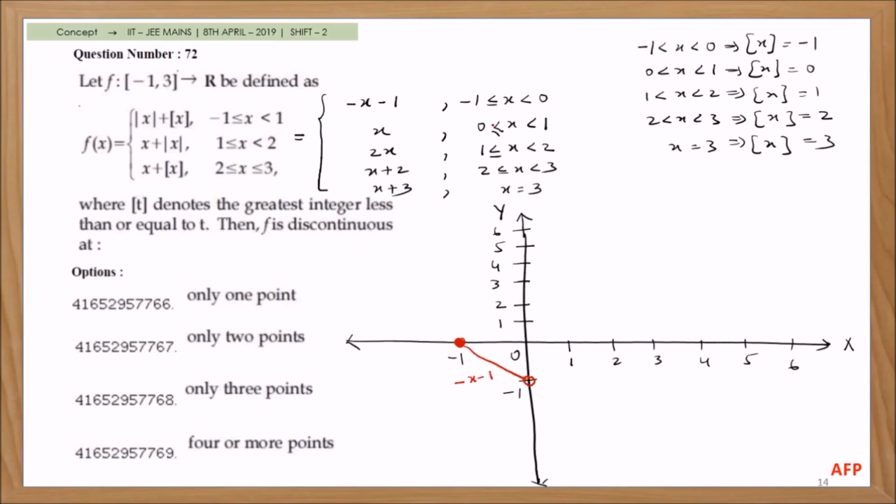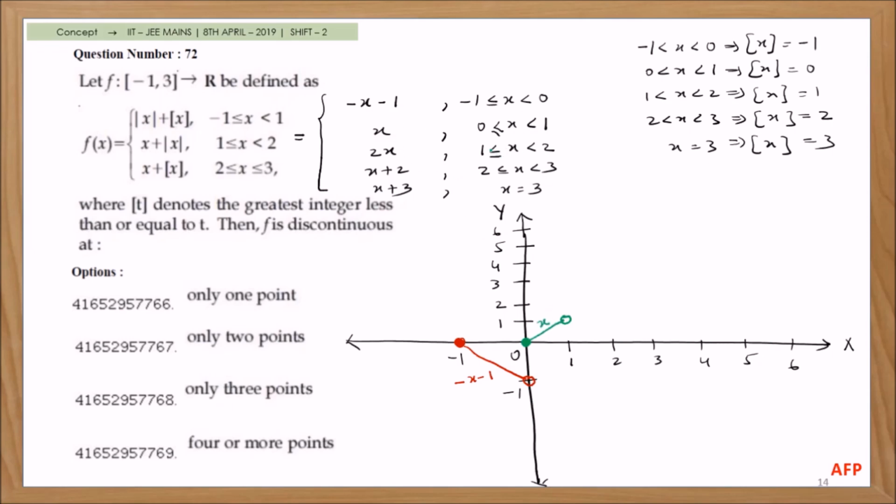Next, 0 to 1, 0 is included. If you substitute 0, you get 0 comma 0, included. Next, 1 is not included; if you substitute 1 here you get 1, not included. You join this, and its equation will be x.